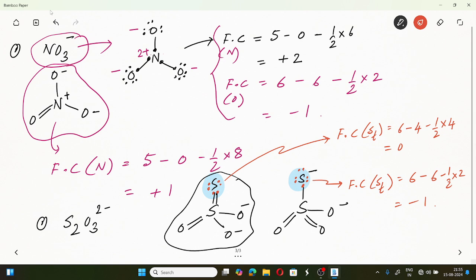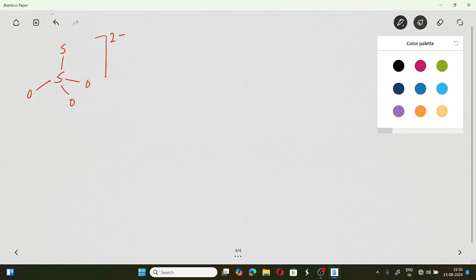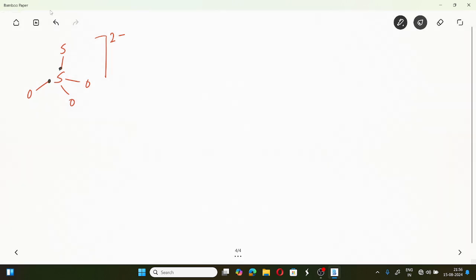And if you want to write down the sigma skeleton only, you can do it any way. If you want to find out the formal charge of thiosulfate, say terminal sulfur and central sulfur, either one, by writing the sigma skeleton. Suppose let us write down the sigma skeleton only. Therefore, we are writing the sigma skeleton here only. And we know that this is 2 minus. Okay, so from the sigma skeleton, we are not considering any lone pair over central sulfur.